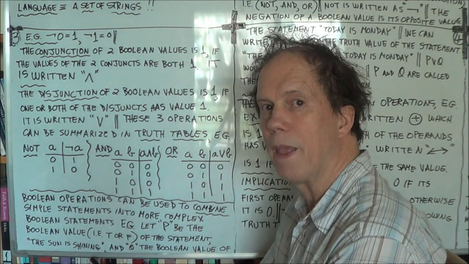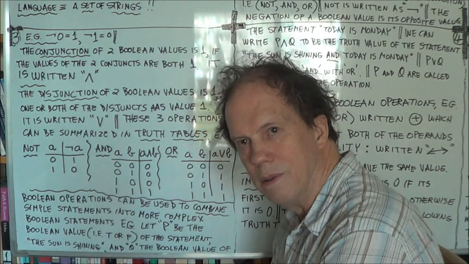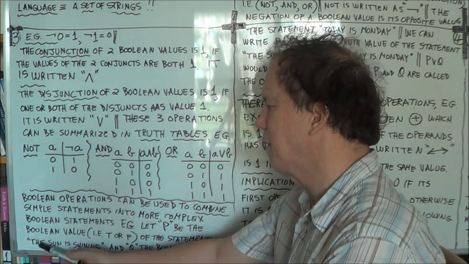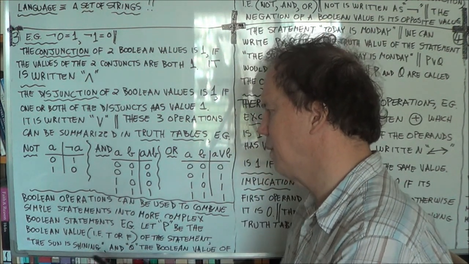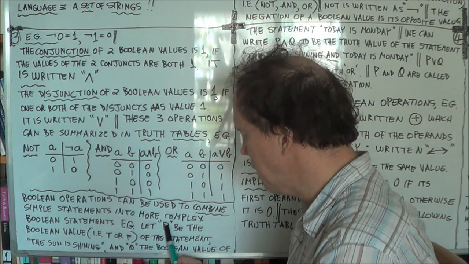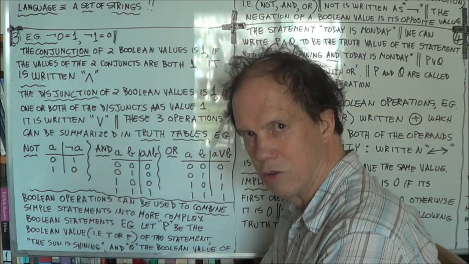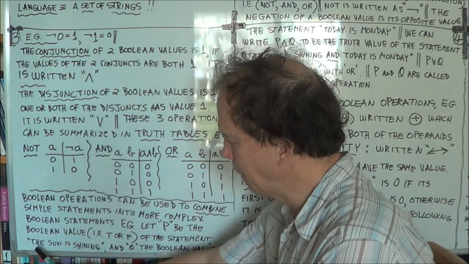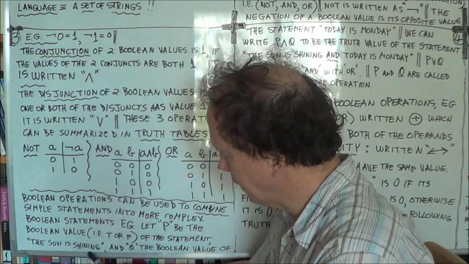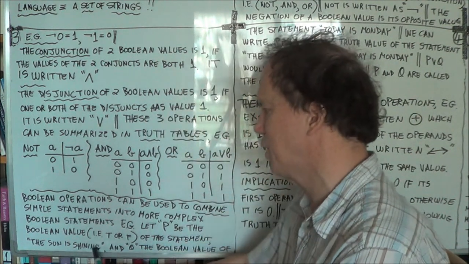So that's your statement, just a sentence in English. Now, remember what P is? P is the Boolean value of this statement. In other words, is it true or false?